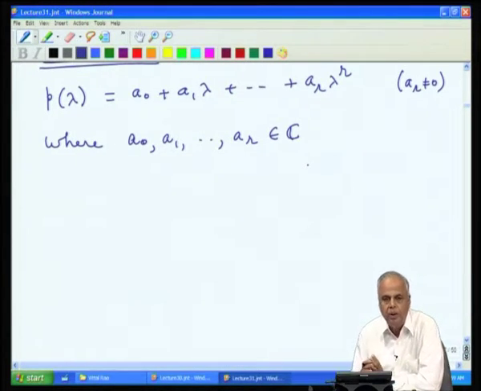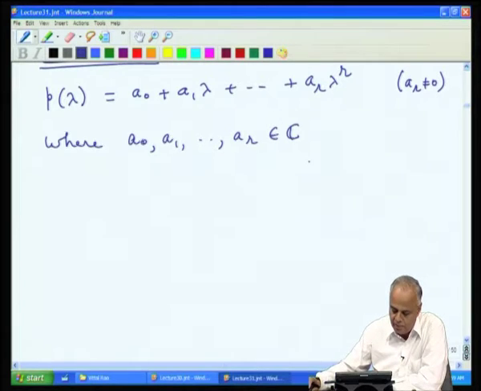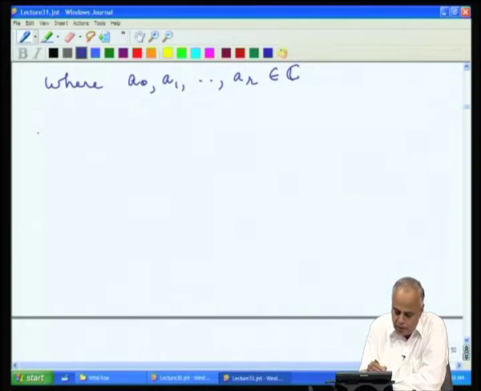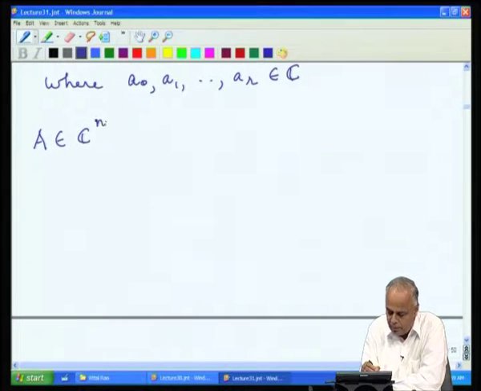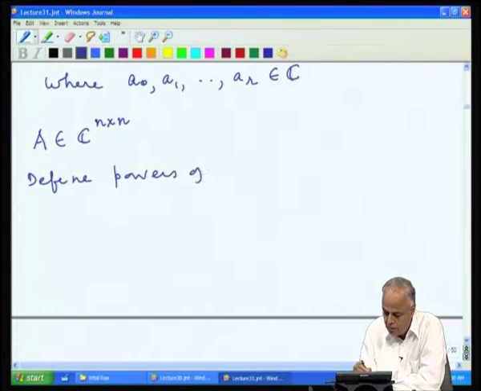Now, the simplest polynomials are lambda, lambda squared, lambda cubed, namely the powers of lambda. Now, suppose A is an n by n matrix. We all know how to define powers of A. We define powers of A recursively as follows.